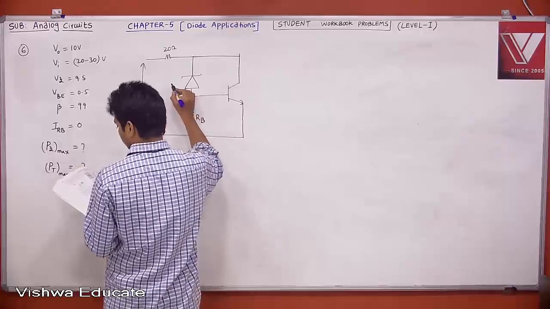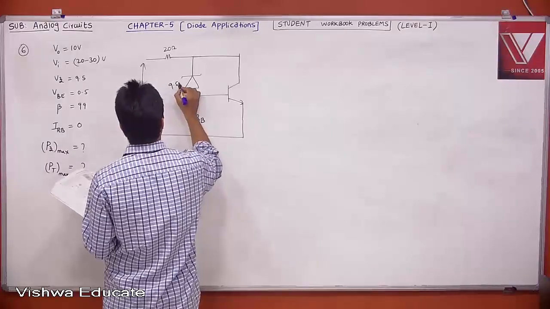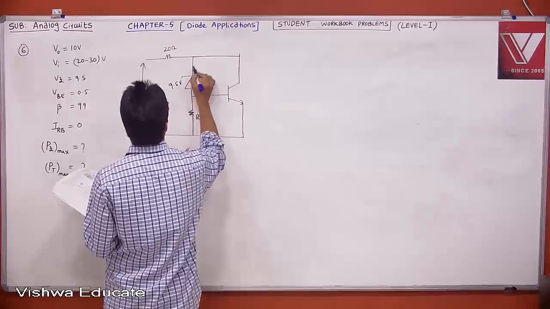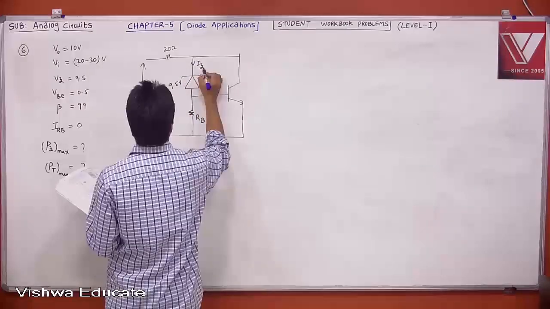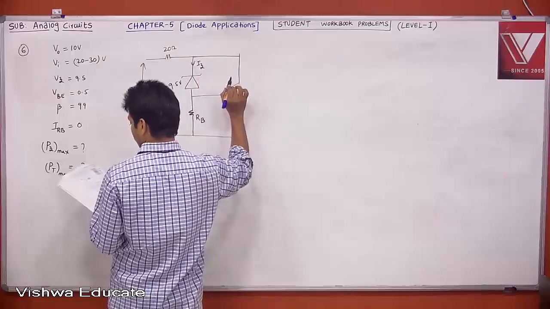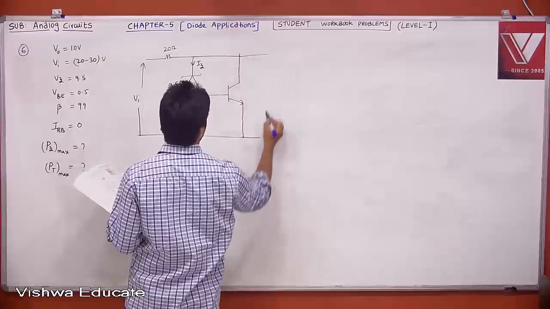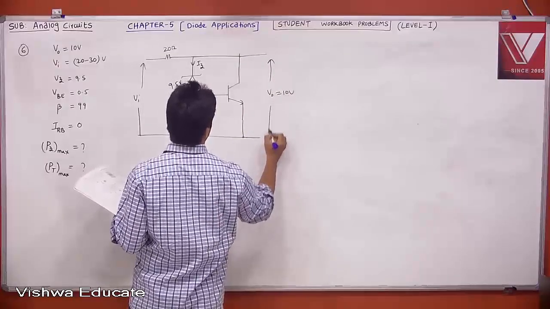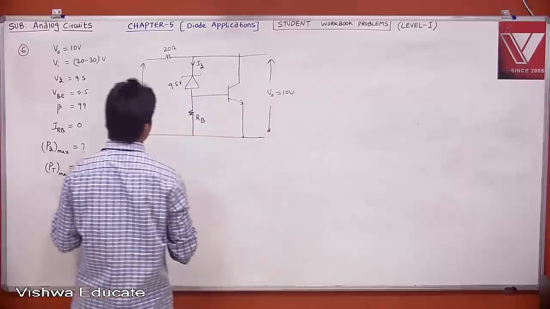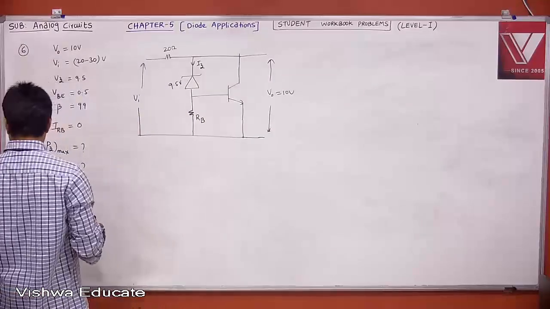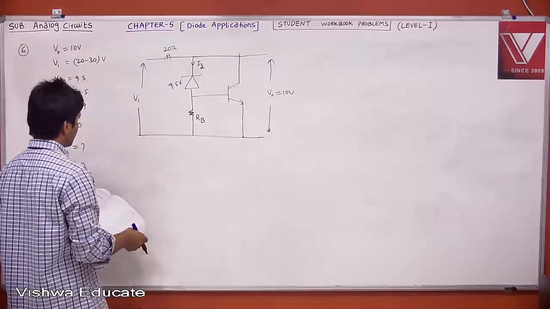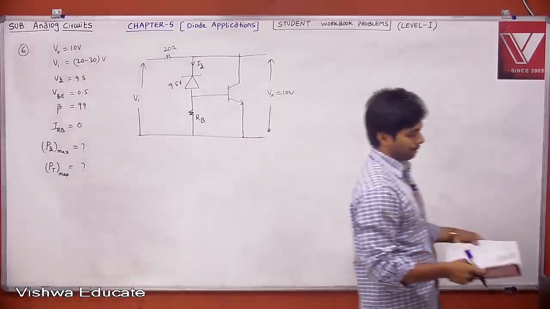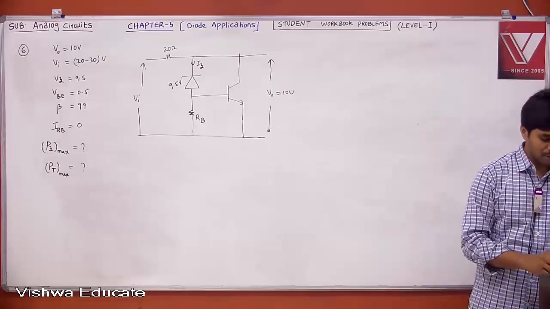And this is 9.5 volt. And this is your IZ, Zener current. And this is your V0. Ultimately, V0 is equal to 10 volts. That is what is given. VI is equal to 10. Then it is asking this. I think complete information is given.